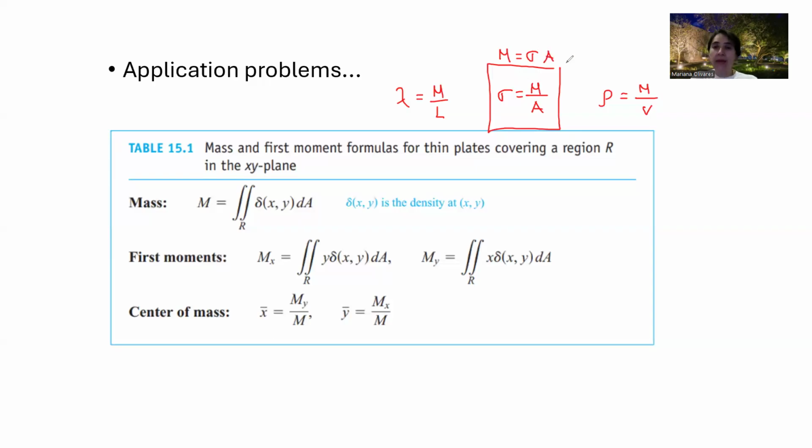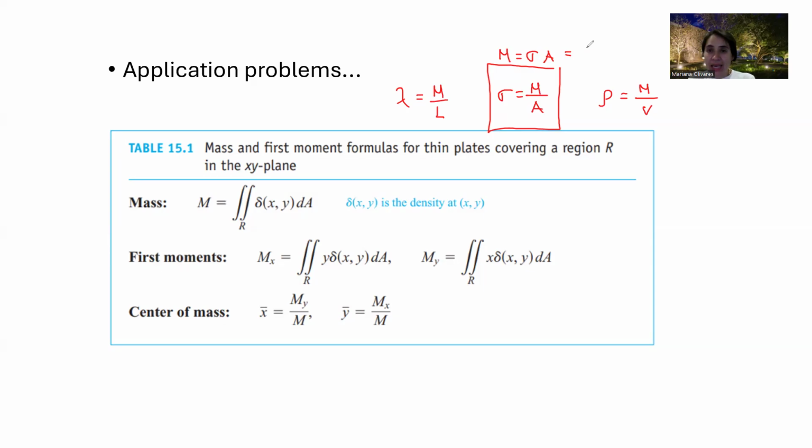So basically, if we don't have a regular area, a regular shape like a square or a circle, or the density is not constant, that means that we have a heavier side of the plate, maybe because the material is changing, and in a certain piece you have, I don't know, plastic, and then you have aluminum, and then a mix of elements, and you have a variable density.